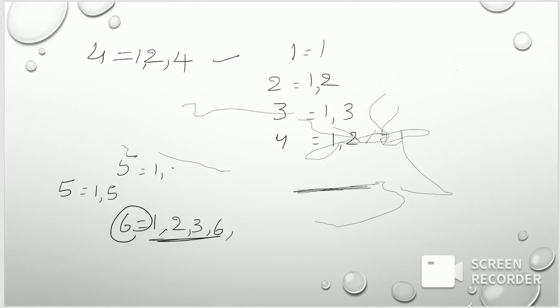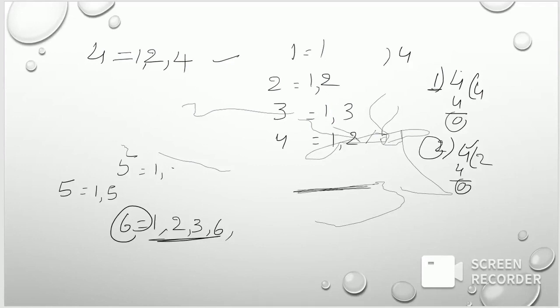If you divide 4 by 1, 1 four is 4, exactly divisible. 4 is divisible by 2: 2 twos are 4, so the remainder is 0. 4 is exactly divisible by 2.